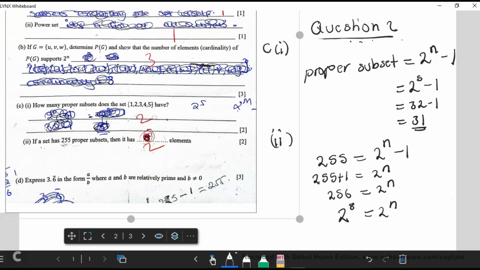The bases are the same, meaning we can equate the powers. So 8 is equal to n. So how many elements? n, we have found, is 8. So we have 8 elements. Simple and straightforward, like that. So this is how you calculate that.